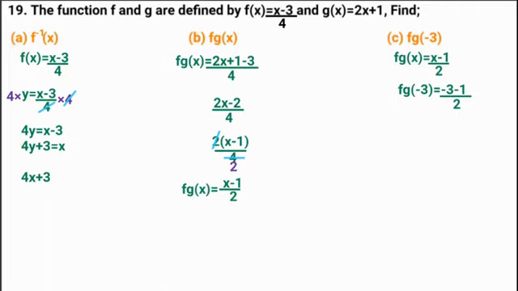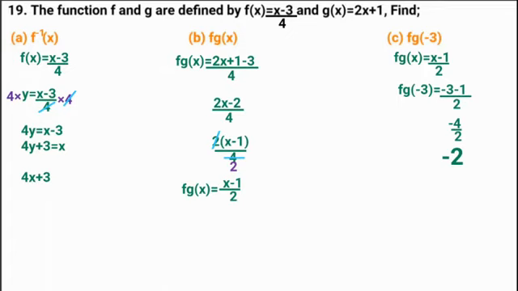Then I'm going to evaluate: -3 minus 1 will give us -4, which will be over 2. Then -4 divided by 2 will give us -2. So -2 is the answer there.